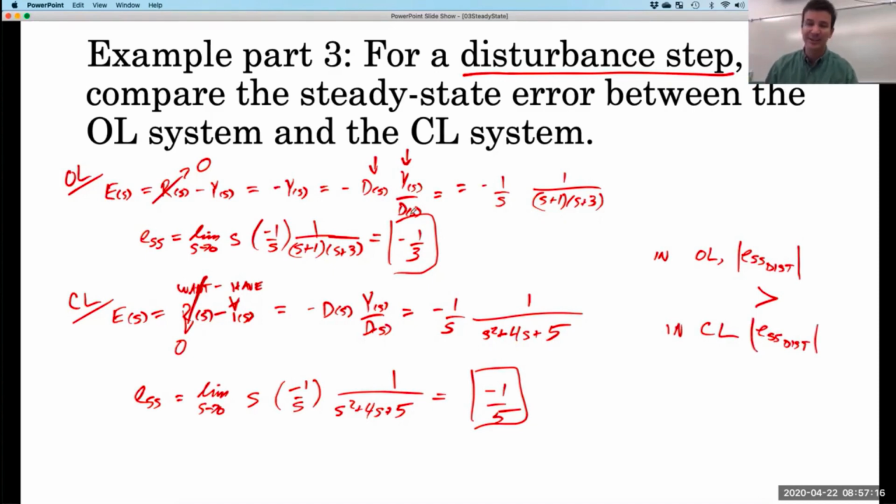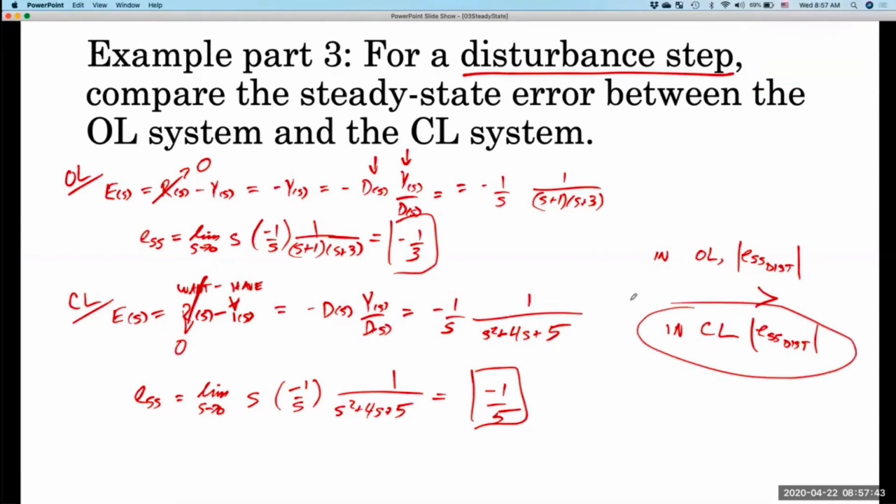Mostly we're talking about sizes of errors, not necessarily directions of errors. So this is probably the conclusion of that design meeting. It would say the two topologies are the same for reference errors. But in terms of error due to a disturbance, the closed loop system is superior.